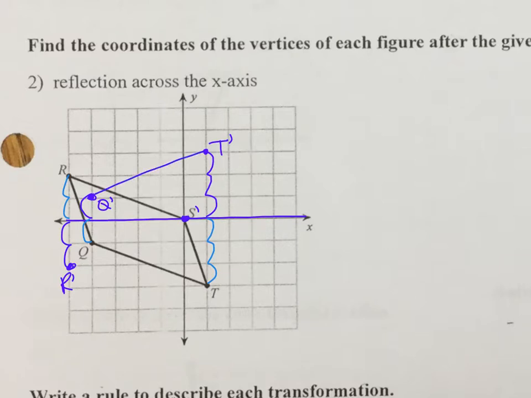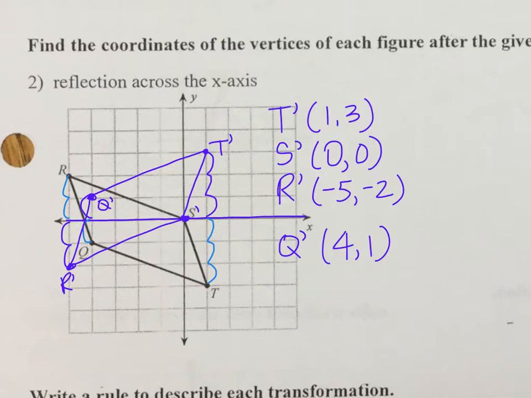I have my new shape. Then we just write the coordinates of our new purple points. So I just wrote my new points out, and that is how you would answer that question.